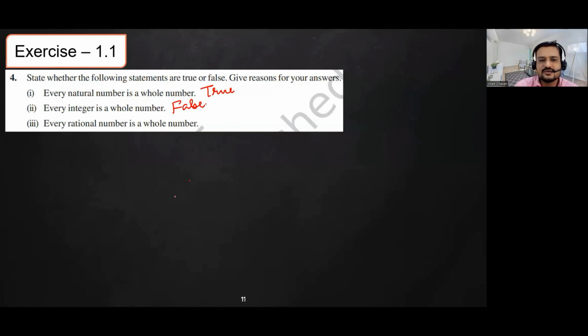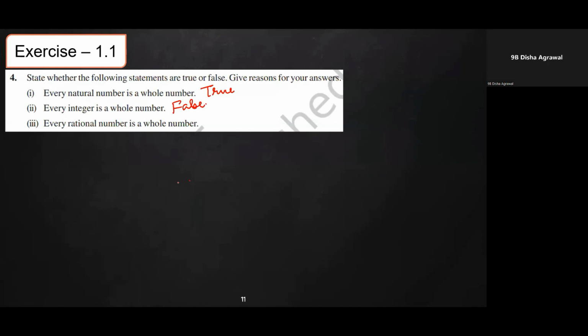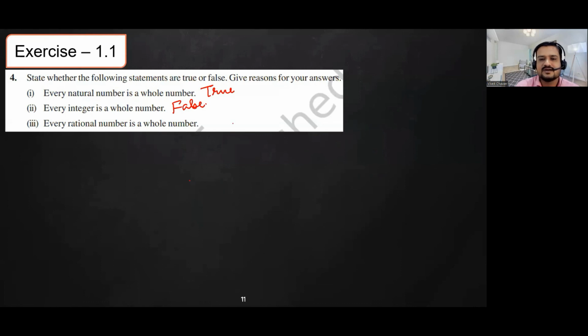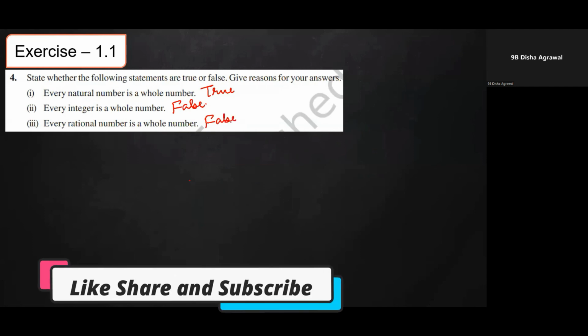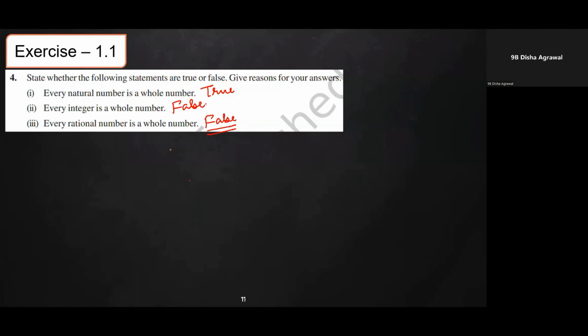The last one, every rational number is a whole number. Okay, Disha, bolo. Yes, sir. It is false because rational numbers can be written in P by Q form, but whole numbers are not written in P by Q form.